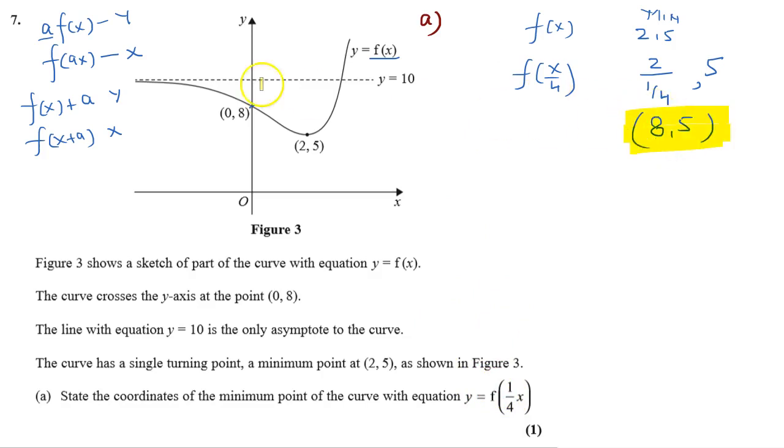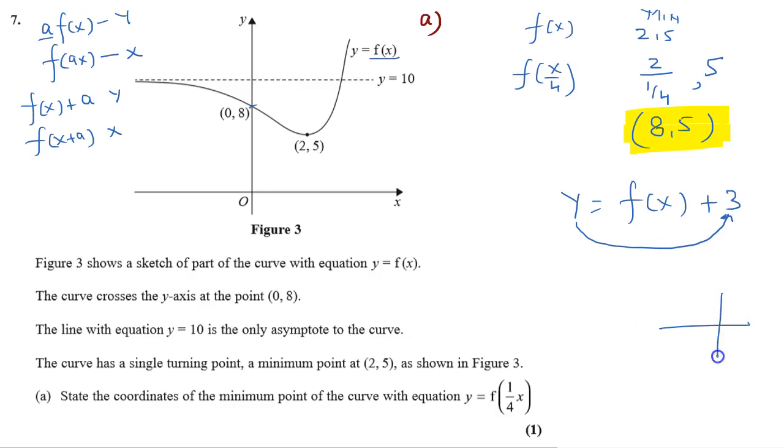For this type of question, always remember this is the key: whether the graph is moving in the horizontal direction or in the up or down direction. If we say y is equal to f(x) plus 3, or any number, y is directly increased by 3.